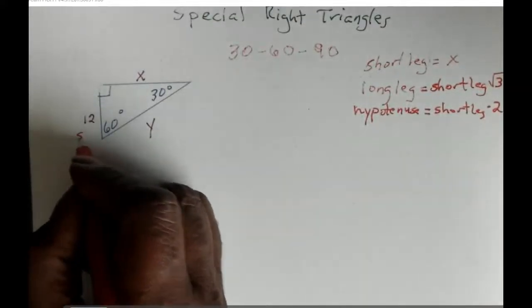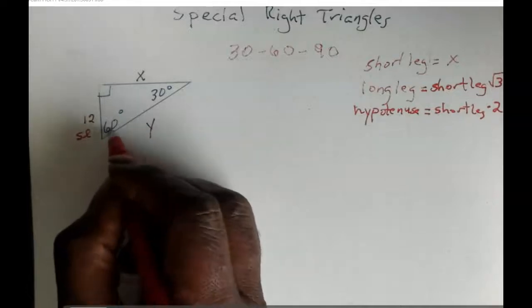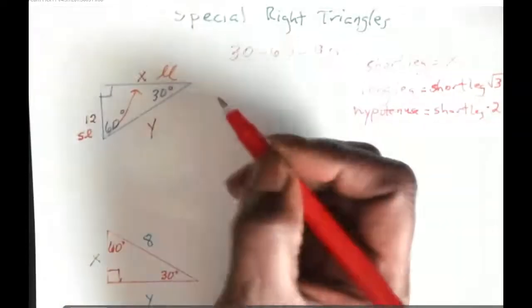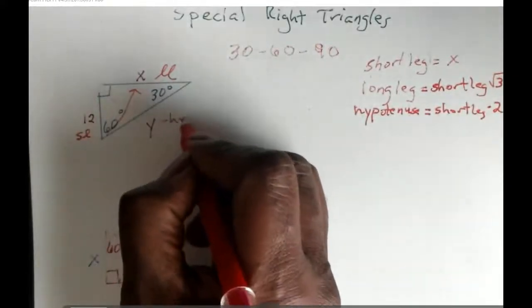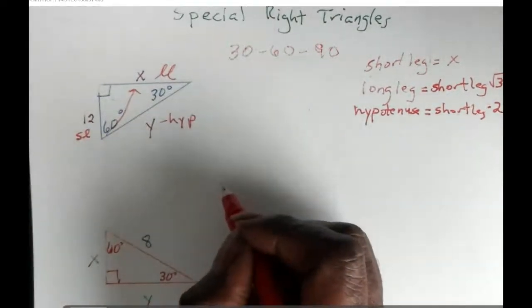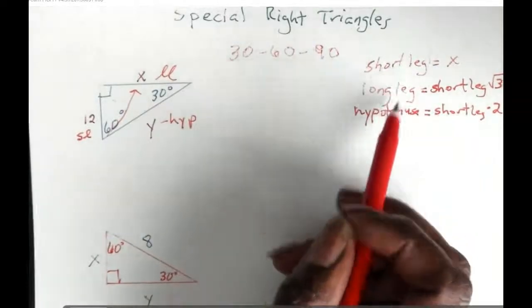So I'm going to abbreviate with an SL. Opposite the 60-degree angle is our long leg. And opposite the right angle is the hypotenuse. So once we identify those three sides, then we can use one of the formulas to determine the remaining sides.